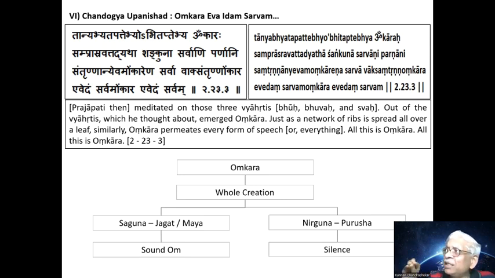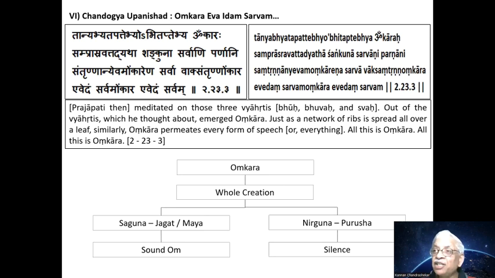So the silence between the two Oms represents the Nirguna Brahman. When you say Om, stop. In your mind, you should remember: the sound Om is the world, the silence is me, myself, my real nature.